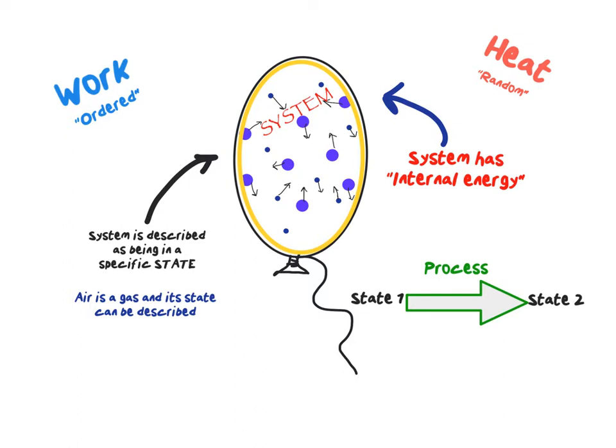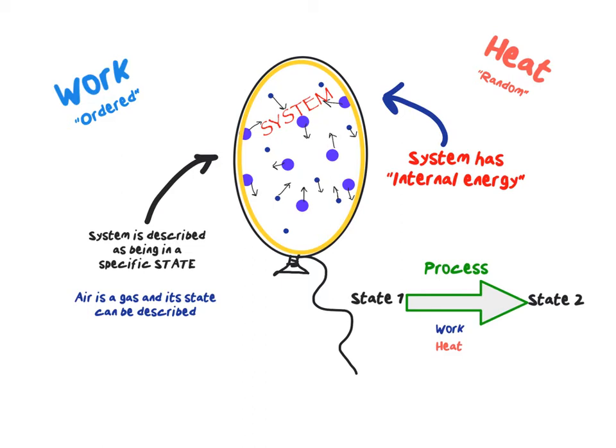And if you're thinking already ahead to this idea of work and energy and heat, you can see that work and heat are processes by which we can change the state of a system. And that's a major fundamental idea that we really need to internalize as we travel through this area of thermodynamics.